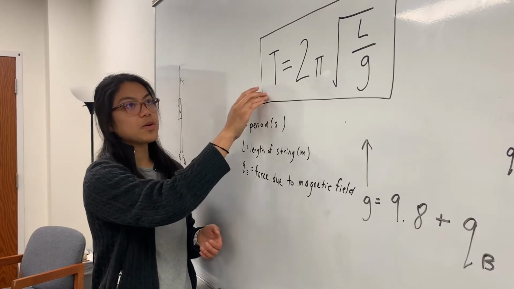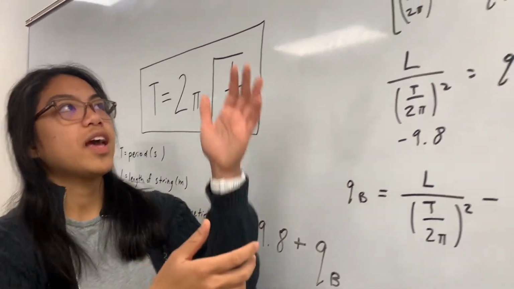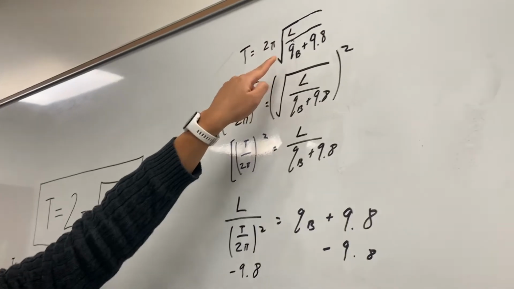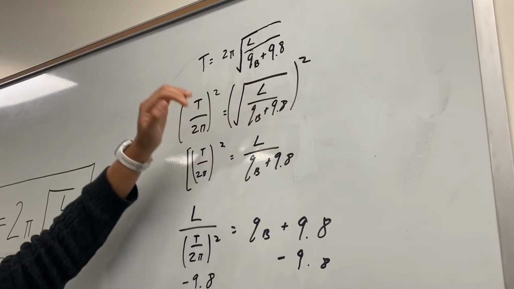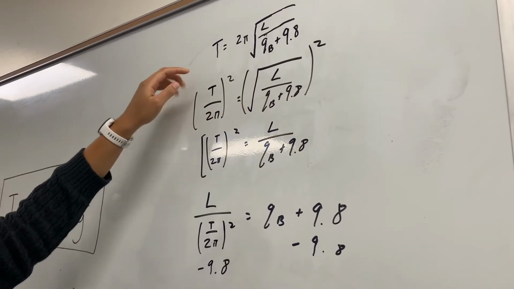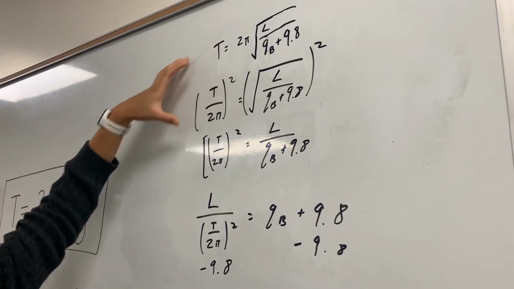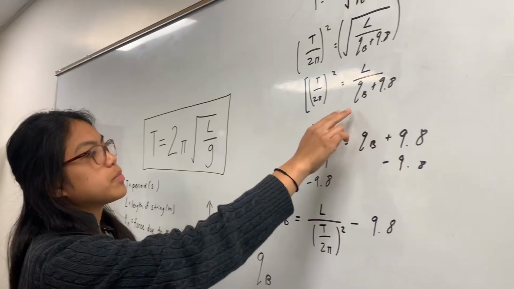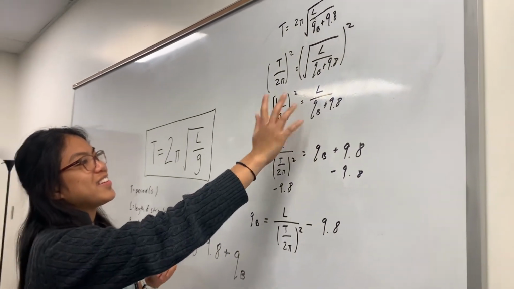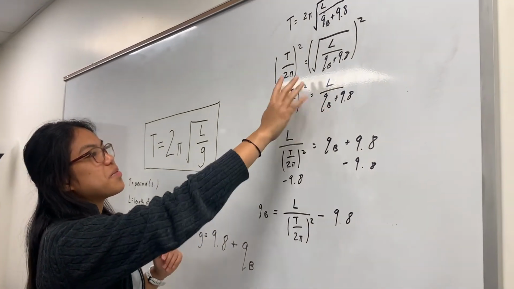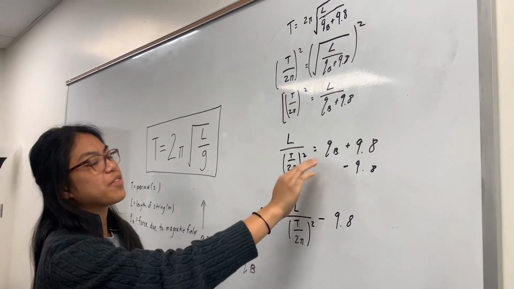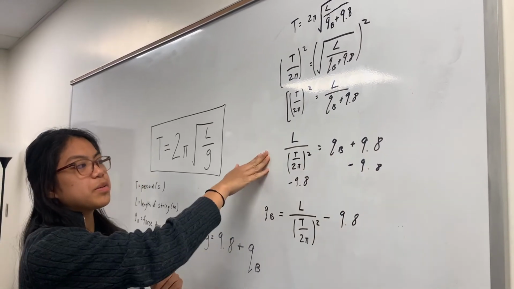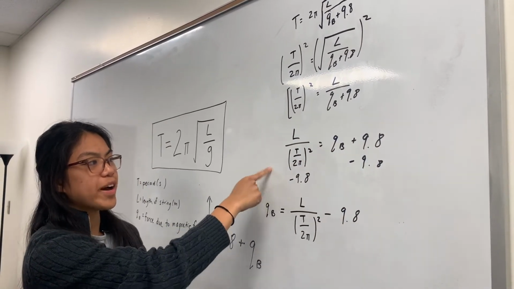So we can take this equation and solve for Q sub B, which is our missing variable. In order to do that, we took the square root of both sides, and then we switched the numerator and the denominator, so that we have Q sub B plus 9.8 equal to L over (T over 2 pi) squared.